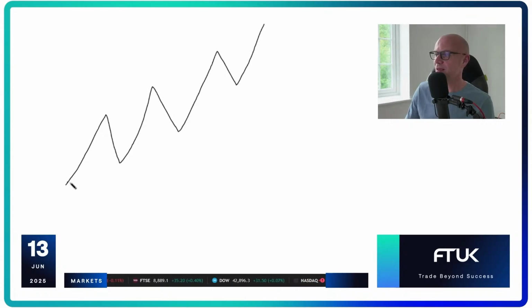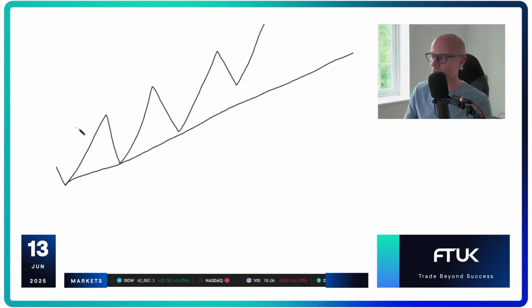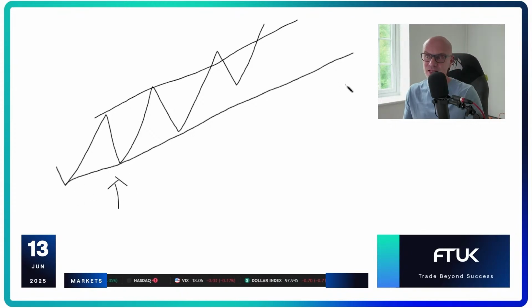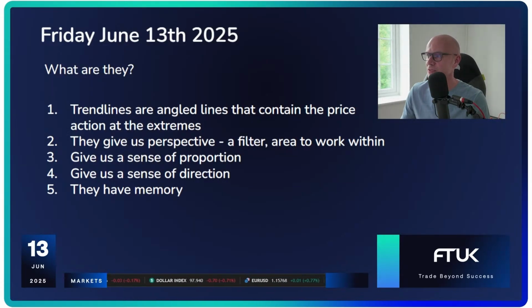So by connecting these points together, we've contained our price action. Do that on the other side as well, and we have contained the upper side of that. So we have got a trend line in place, and that is giving us a sense of forecasting into the future, the direction the market is going. Okay, very simple concept. Everybody should know that. It's not difficult to understand.